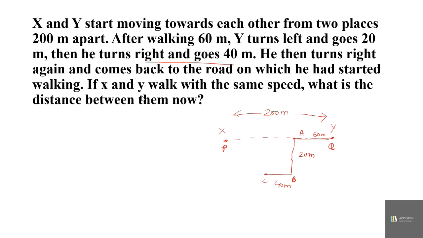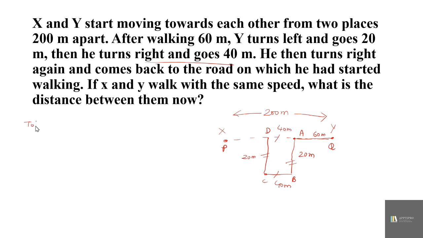He then turns right and comes back to the road on which he had started walking. So if AB is 20 meters, CD is also 20 meters. If CB is 40 meters, AD is also 40 meters.